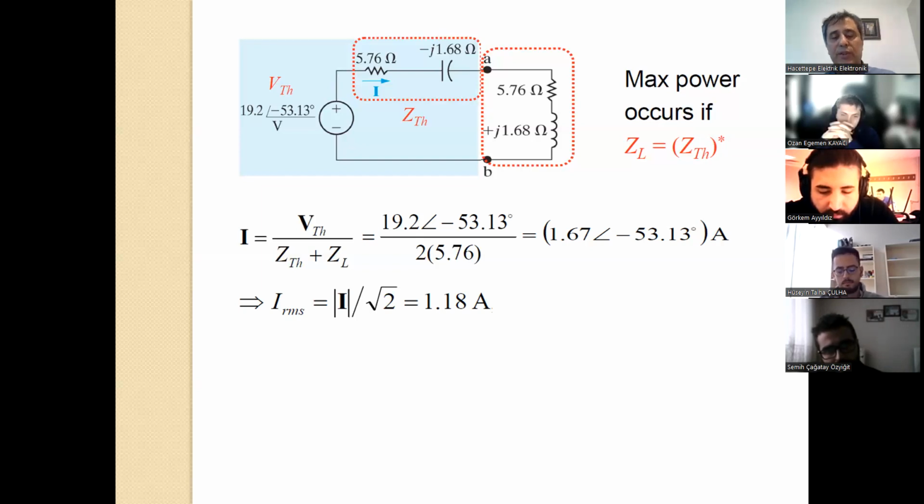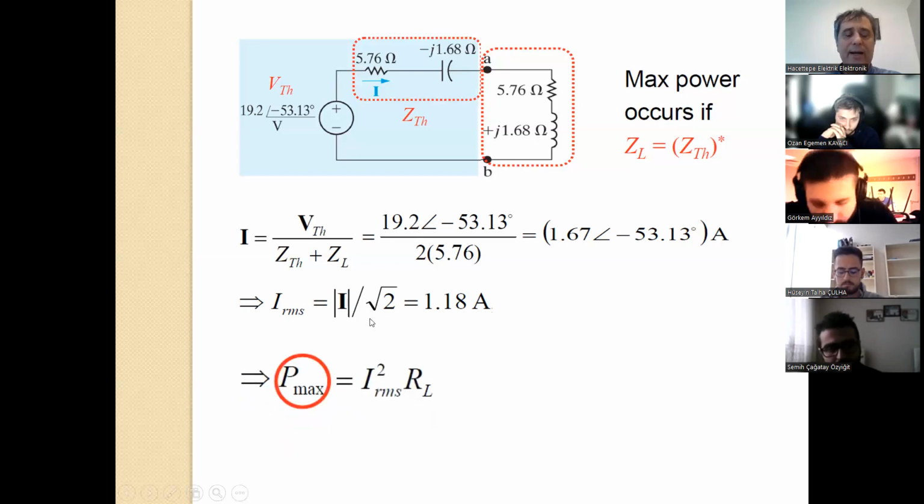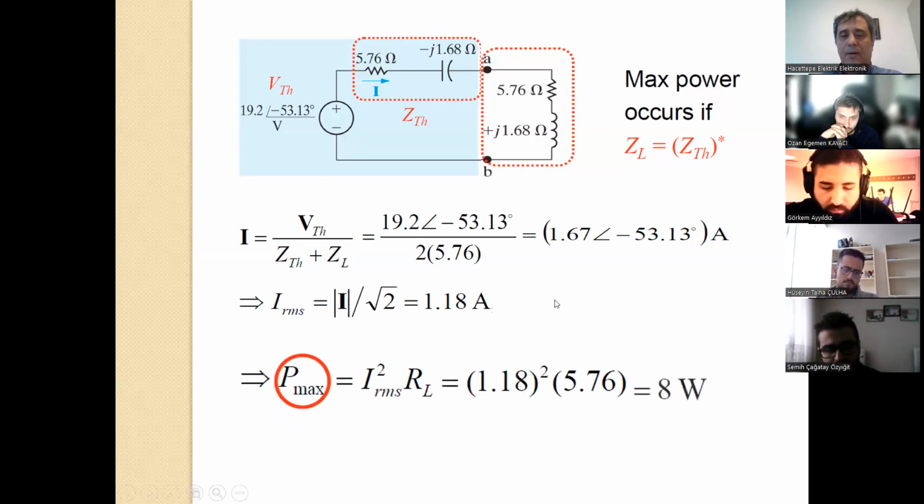This time you have to convert this to the RMS value. Here we go, Pmax is then I RMS squared multiplied by RL. When you evaluate that, 8 watt will be the maximum average power transferred to the load.